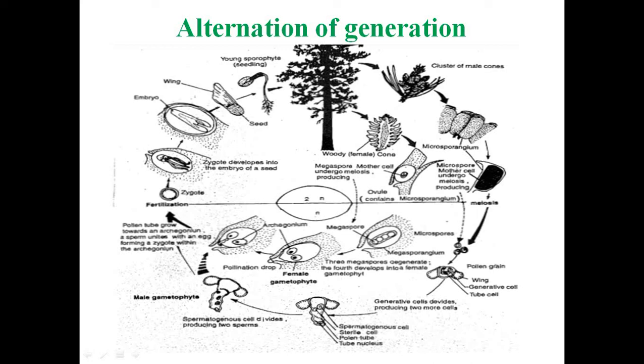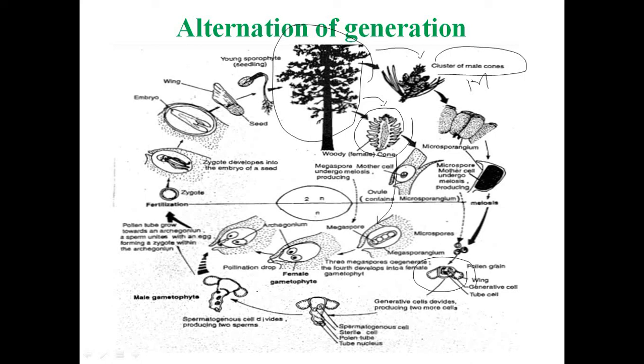At the end, when we have studied the male cone and the female cone, the alternation of generation is with sporophytic and gametophytic parts. So this sporophytic plant body has clusters of male cones and female cones, in which you can observe the microsporophyll and the megasporophyll. The male cone has microsporophylls which bear the winged pollen grains, whereas the megasporophyll bears the ovules.